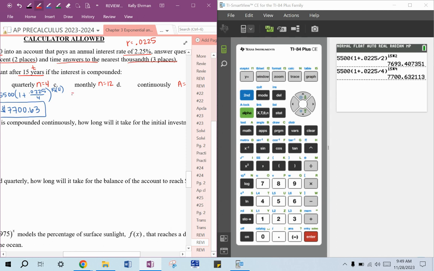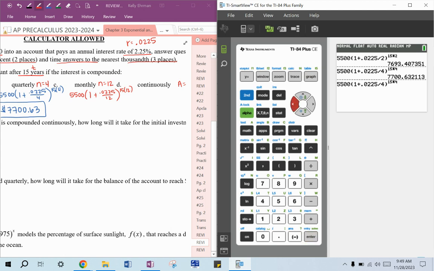So for monthly, again, it's still the 5,500, 1 plus 0.0225 over 12 to the 15 times 12. So again, I can get the previous line. It's easy to change the 4 on the end to a 12 because you don't overwrite anything. But remember, we learned about this insert feature here.